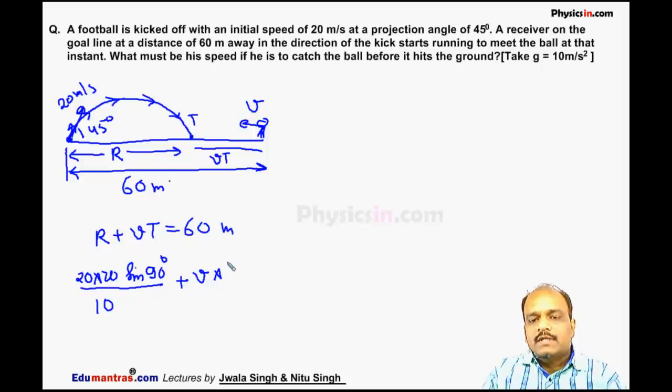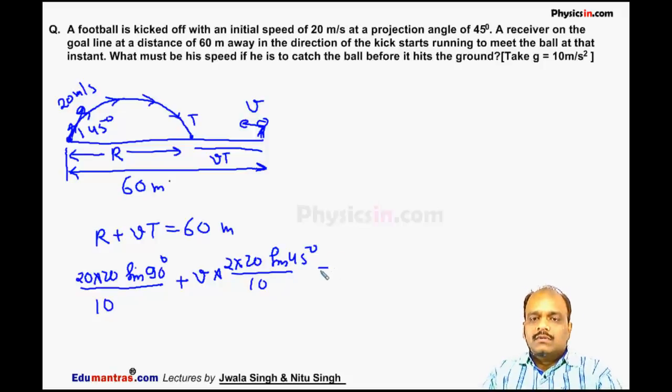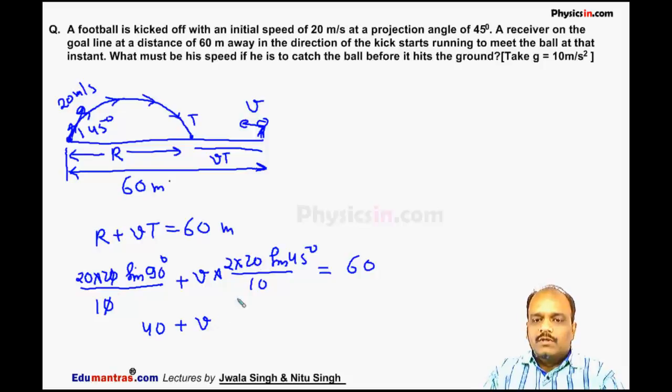We know time of flight is 2u sin theta by g, 2 into 20, sin 45 degree, divided by g which is 10, and this is equal to 60. So from here we can say 40 plus v into 2 root 2 is equal to 60.